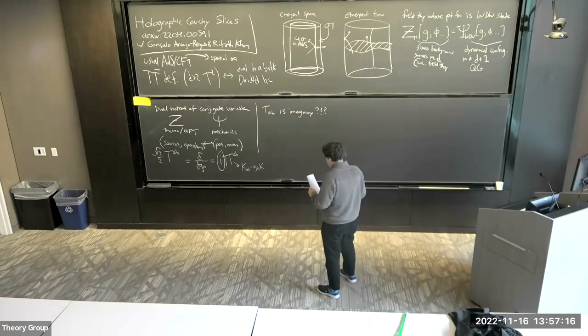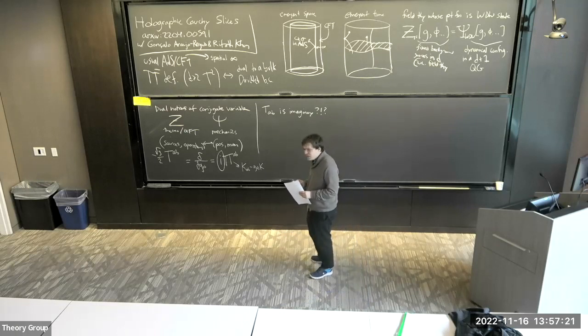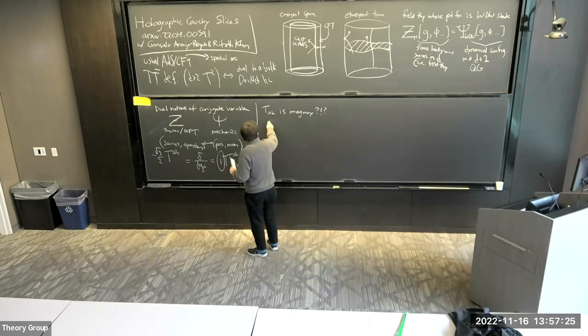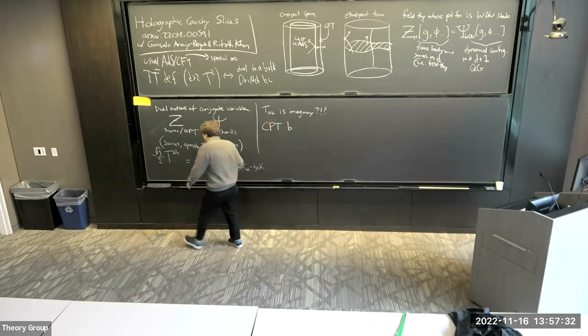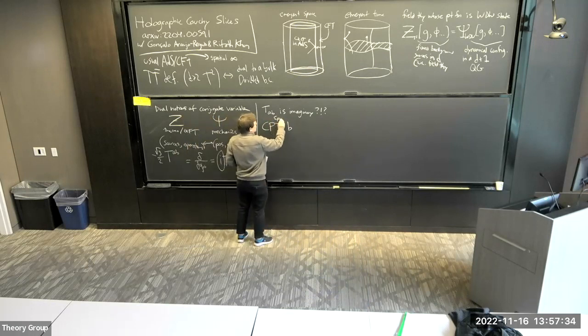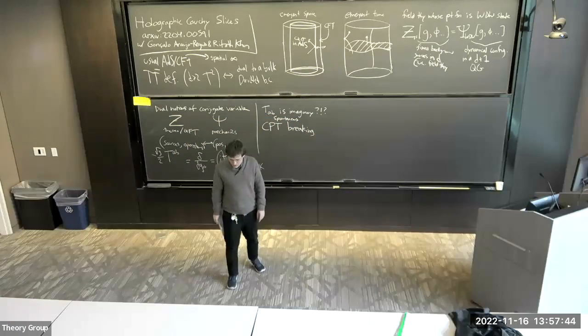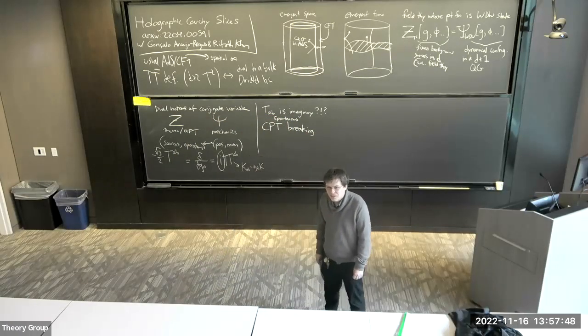So this is associated with the phenomenon I'm about to show you, which is that this theory exhibits an exotic phenomenon that I call spontaneous CPT breaking. So the CPT time reversal is going to be broken in certain situations.